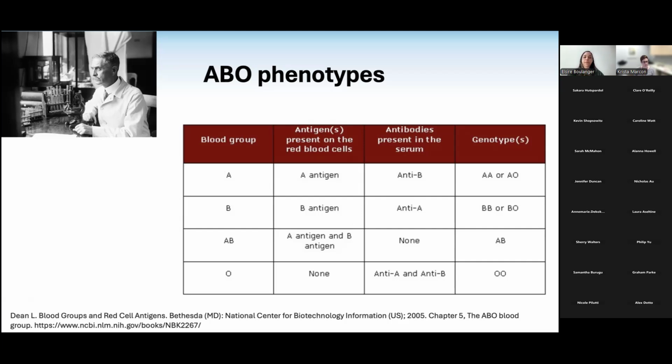So everybody will have antibodies against those antigens that they were not born with. With the AB, there's none. And for the O type, there will be anti-A and anti-B. This is naturally occurring, and people don't need to have any exposure to the antigen previously to develop this antibody.